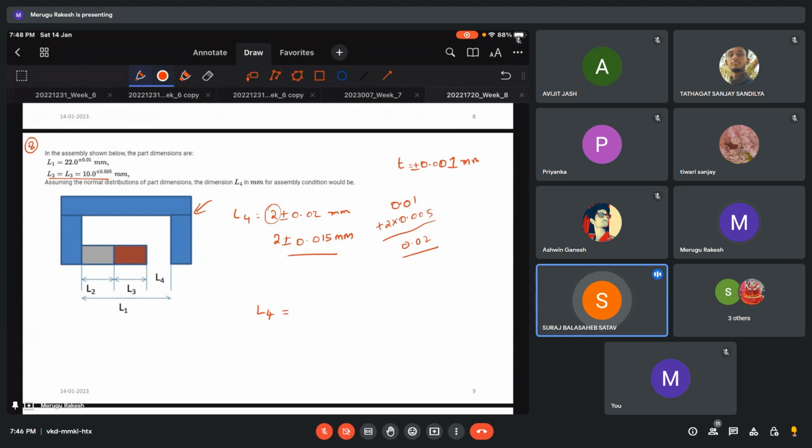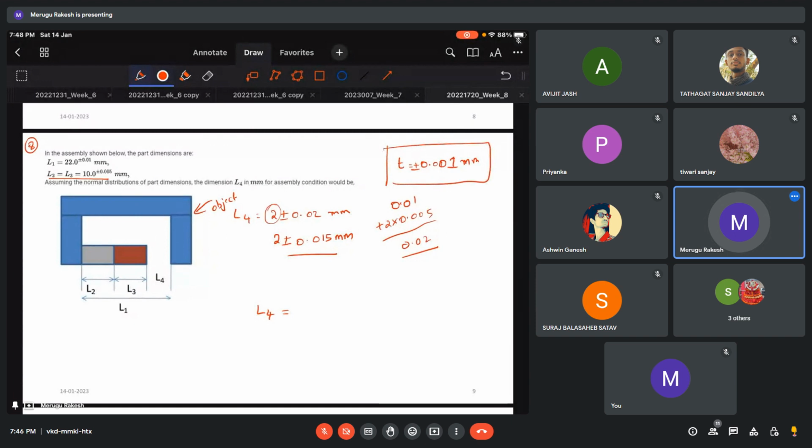Sir, can you repeat the question? This is the object we have. There is a coating of thickness plus or minus 0.001 mm. In that case, what is the value of L4?